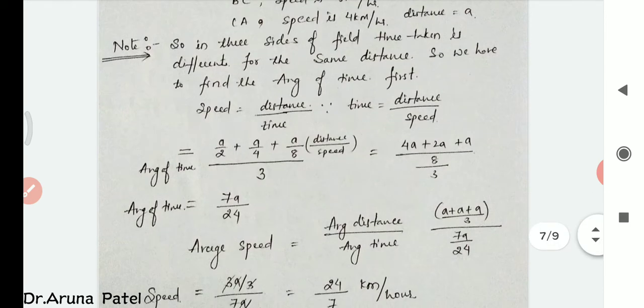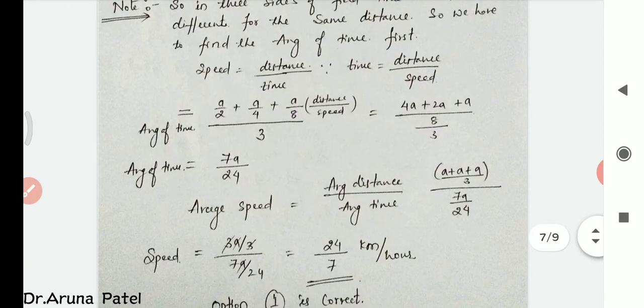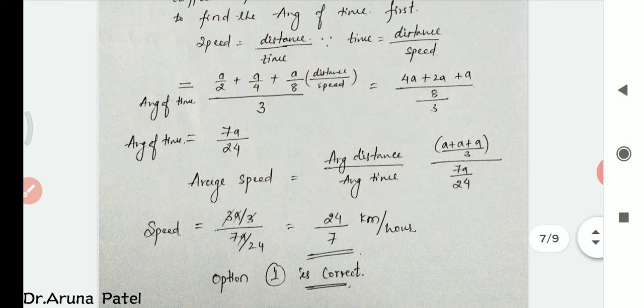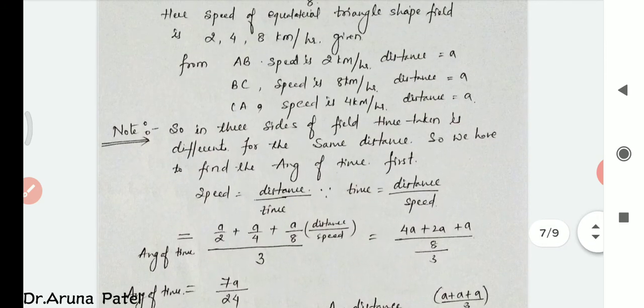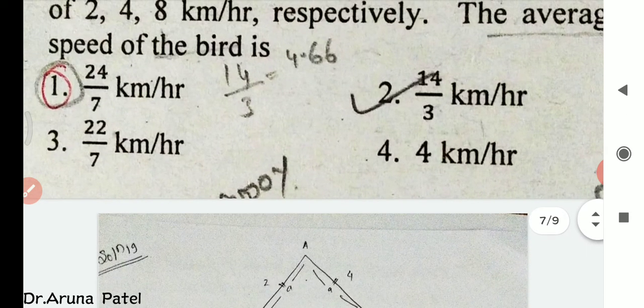Average speed is average distance by average time. Now what is the average distance? A plus A plus A by 3, so 3A by 3, and time is 7A by 24. On simplification you get 24 by 7 kilometer per hour. So here is a little twist in the answer, and the option is 24 by 7 kilometer per hour.